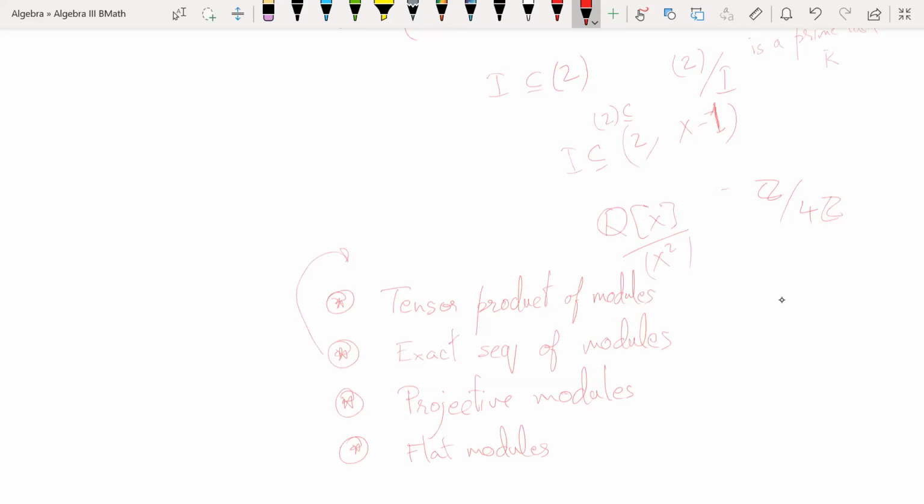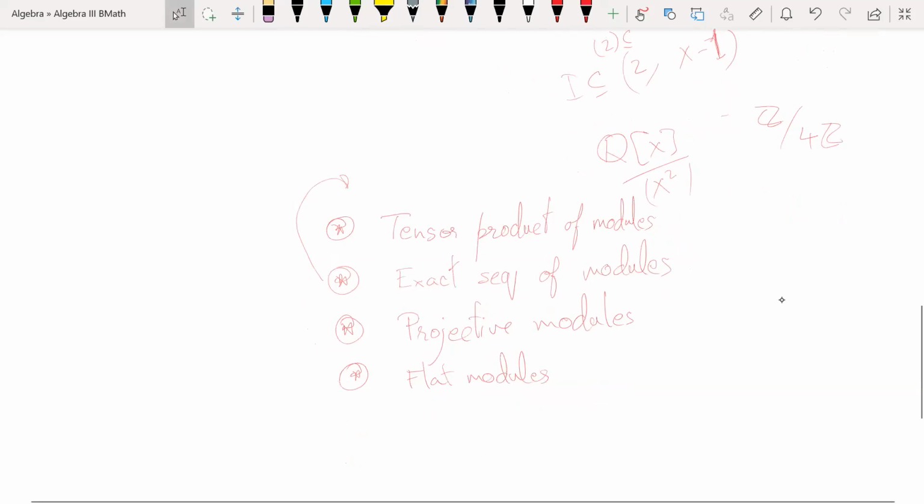I'm not sure I do it in undergraduate, but if time permits, one can see flat modules. And then how tensoring and Hom behave with exact sequences.